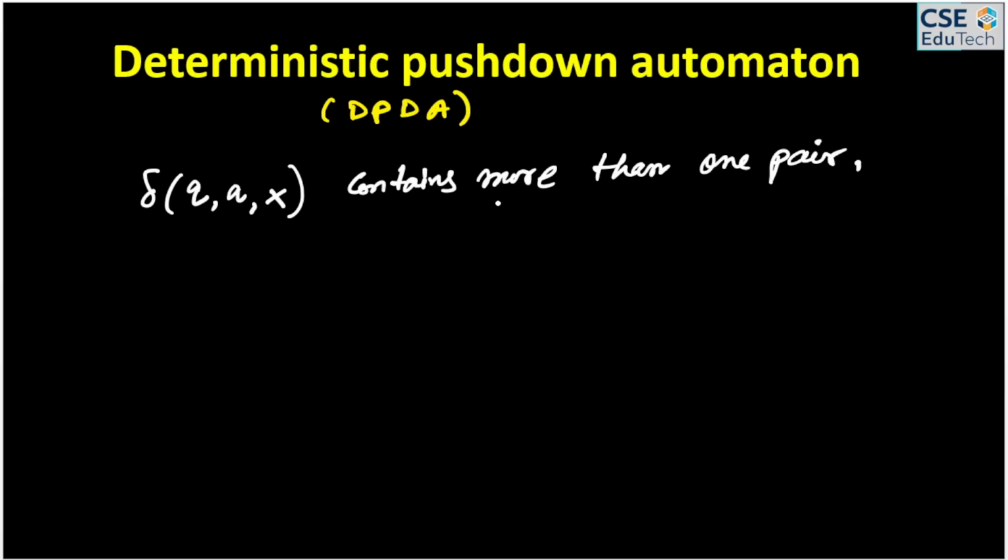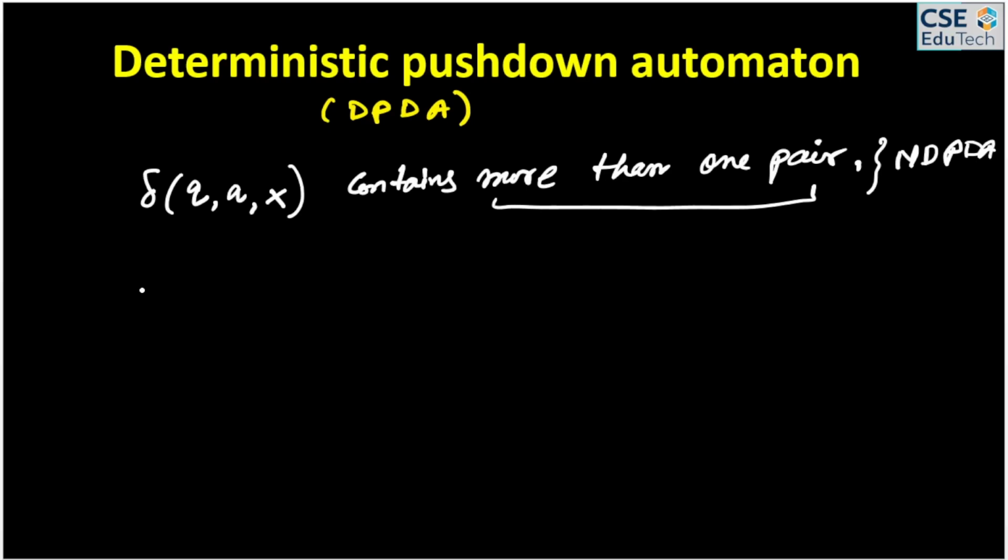So if it contains more than one pair, then obviously it is a non-deterministic pushdown automata.